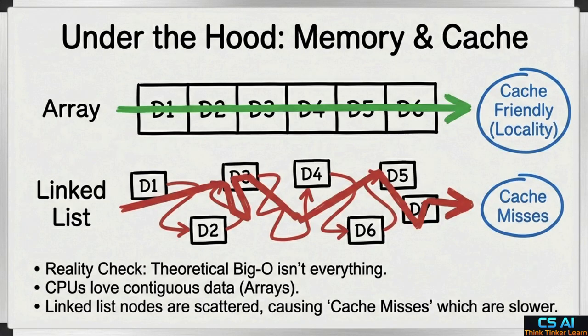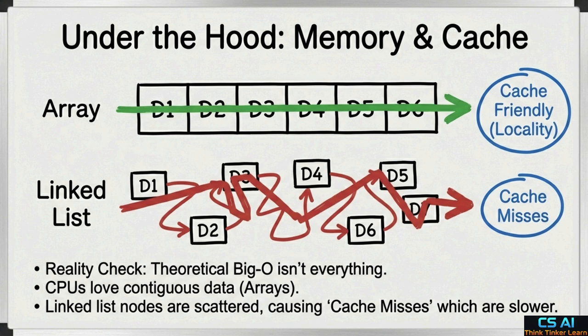Now, for a quick reality check under the hood regarding memory and cache. While theoretical big O notation is important, it doesn't tell the whole story, especially when it comes to modern computer architectures. CPUs love contiguous data, which is what arrays provide. When an array is accessed, the CPU's cache can prefetch nearby data, leading to cache-friendly access and faster processing due to locality.